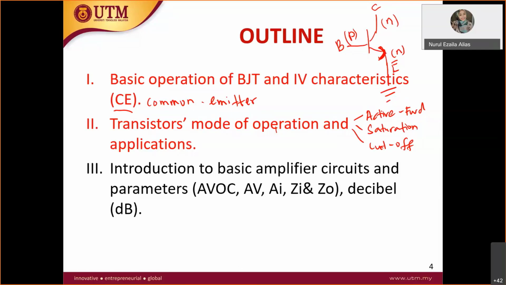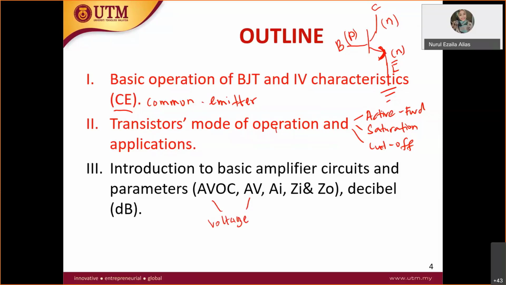So today we will continue on BJT Part 1, the introduction to basic amplifier circuits, with parameters AVOC, AVAI, ZI, and Zout in decibel. These are the parameters for your BJT, where AV is the voltage gain. One of the applications of the transistor is as an amplifier, to amplify the signal.